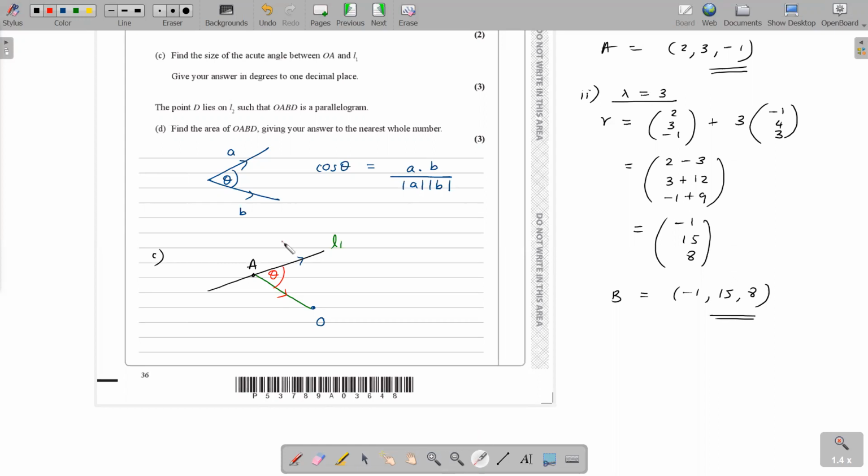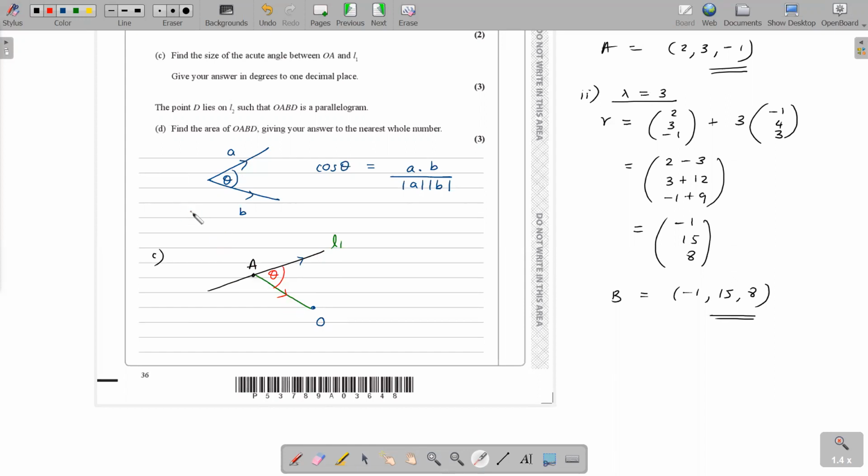So all you have to do here is take one vector as the direction vector of line 1. For the other one, you could use the AO vector in this direction, or even the OA vector.